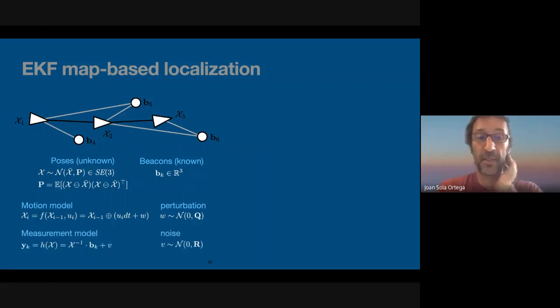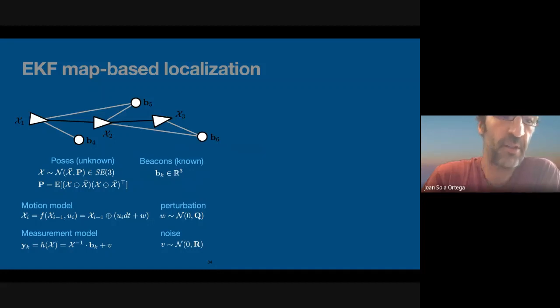We also need a measurement model, and in this case, imagine you have a sensor on the robot that is able to measure the location of the beacons in the reference frame of the robot. Because the beacons are expressed in the global reference frame, we have to transform them to the robot reference frame, and this is done through the action of SE3 on the points in 3D.